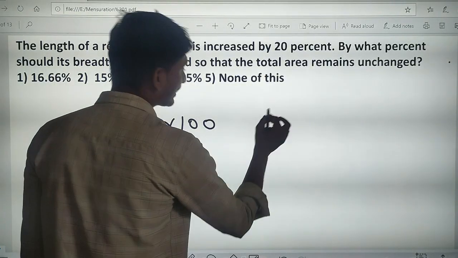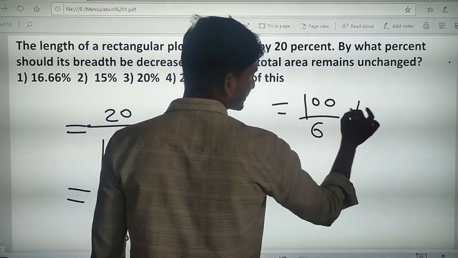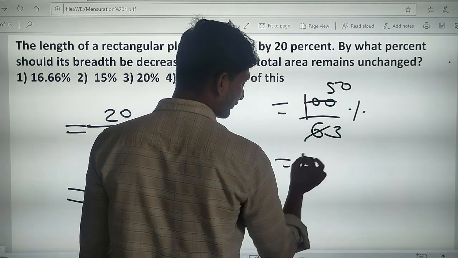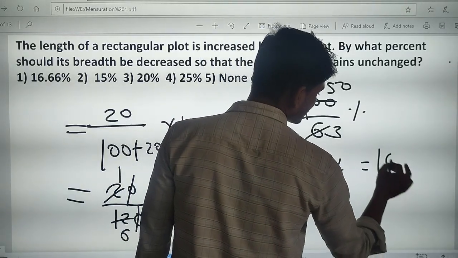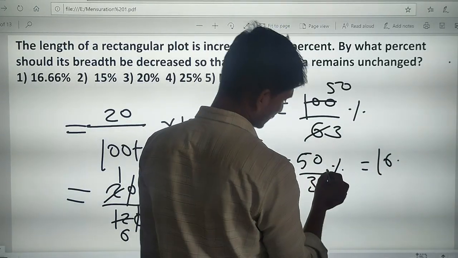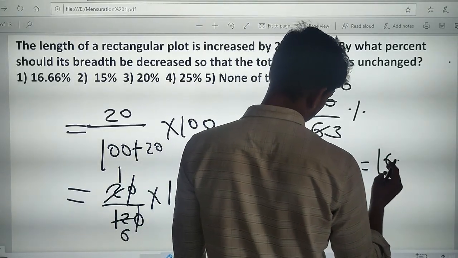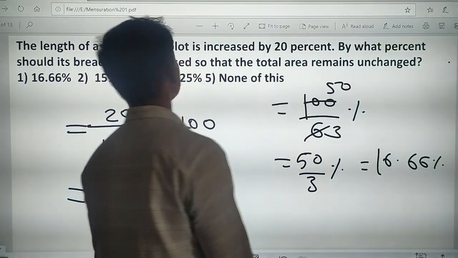Then 100 divided by 6 is 50 divided by 3%. That is 16.66%.